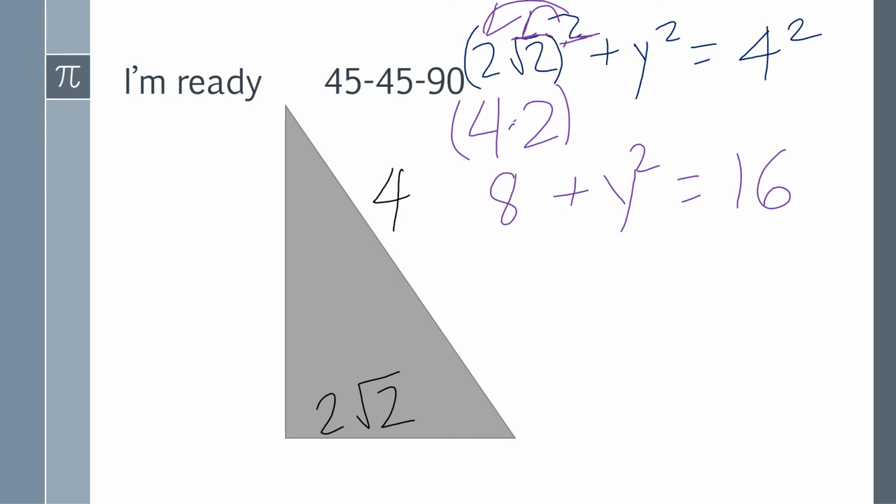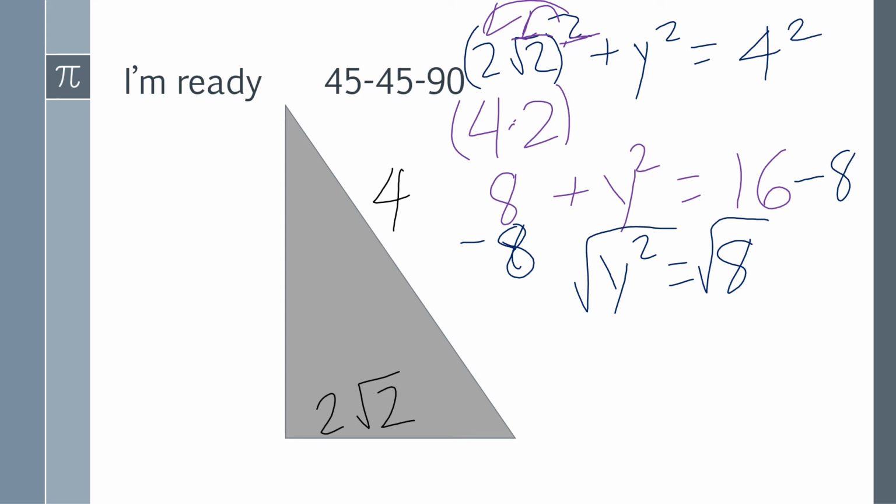So subtract 8 from both sides. 16 minus 8, that's 8. Square root both sides. And we know square and square root cancel out, so that's y equals square root of 8.